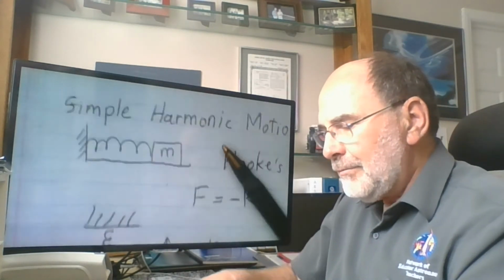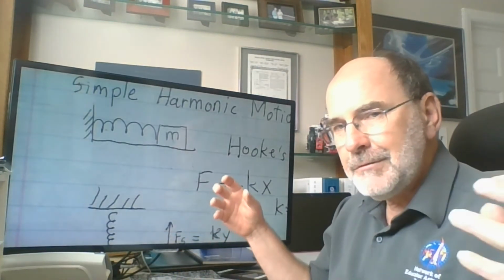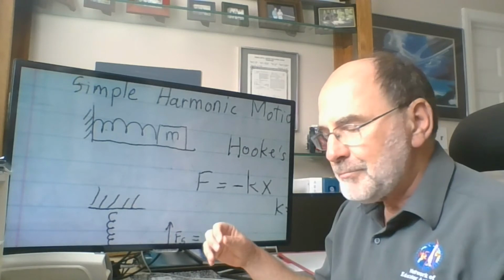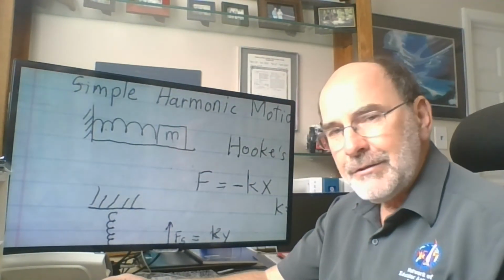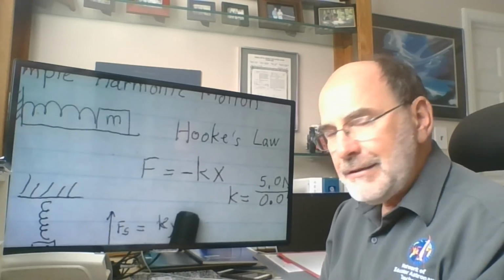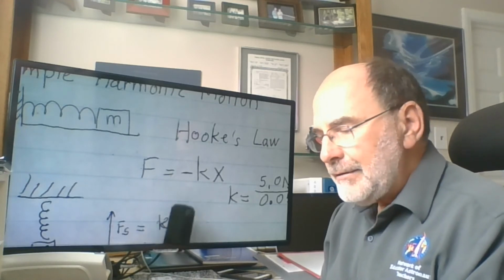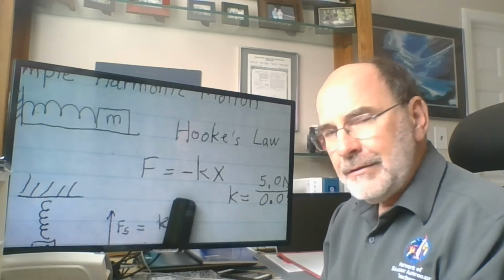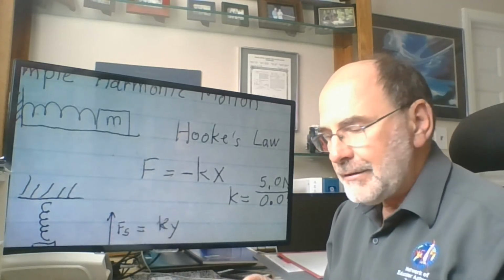Same thing is true with Hooke's law here. At the moment I let go of something that's being pulled, stretched by a spring, the object is at 0 velocity initially. At the same time, the force is at its maximum value. And this force is the net force, Newton's second law, trying to accelerate this thing.